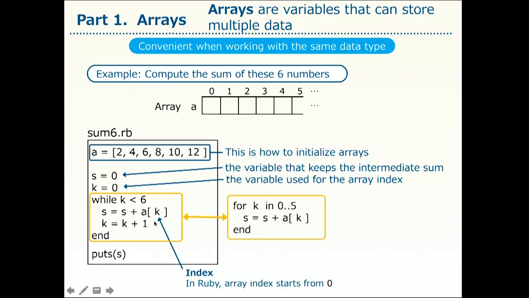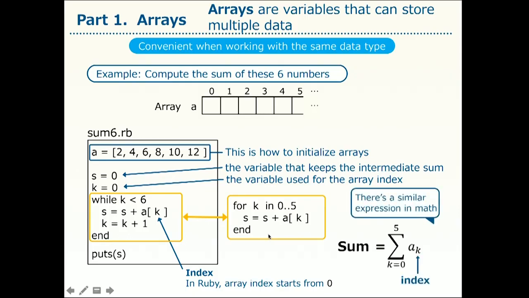This can also be written with a for statement that we learned before. This lets you write more compactly. Writing a sum in this way is actually similar to a mathematical expression. When defining a sum in this way, you can also write it with a sigma.